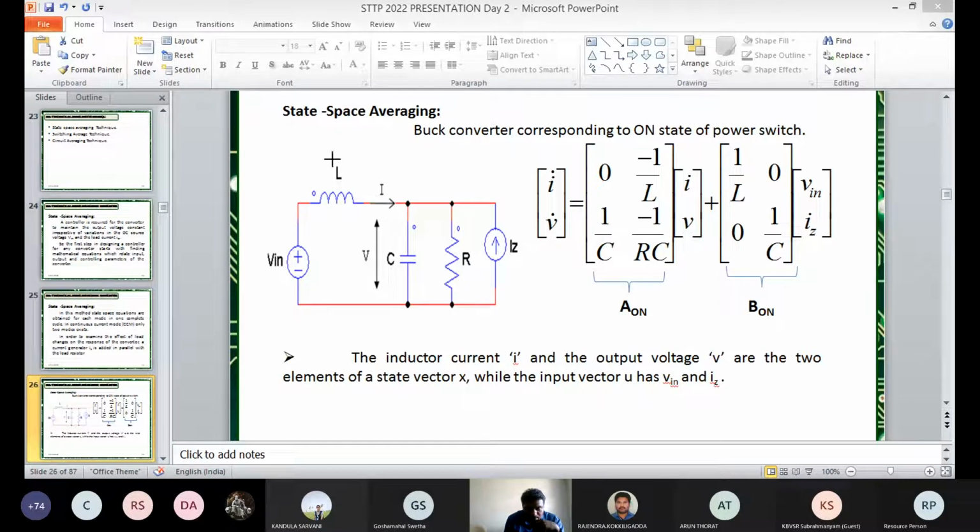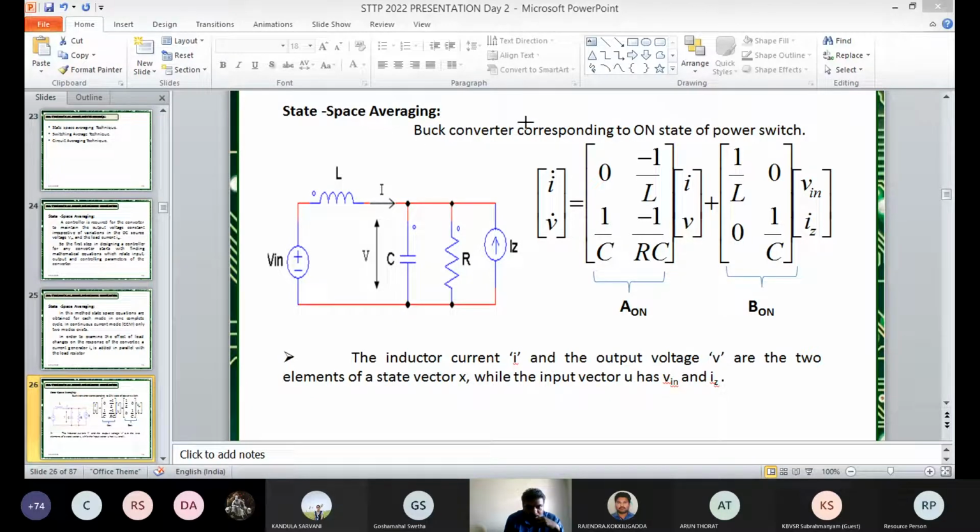First of all, I am trying to write the voltage across the inductor. The voltage across the inductor, VL, equals the input voltage Vin minus the output voltage V across the capacitor.